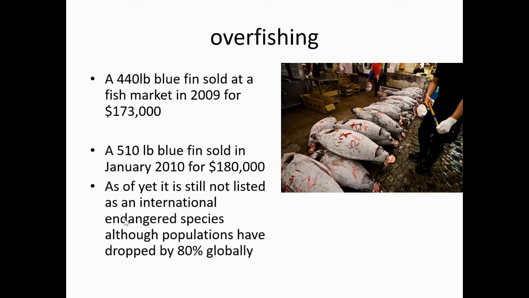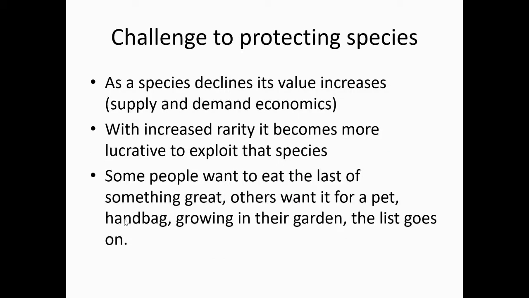So the awesome thing about, or the terrible thing about fish is as they become more scarce, and remember the one I just told you about, there was a fish that just recently sold for $600,000. As fish become more scarce, they go up in value, and then it becomes even harder to protect them. And this is an issue and this is why we had talked about economics.